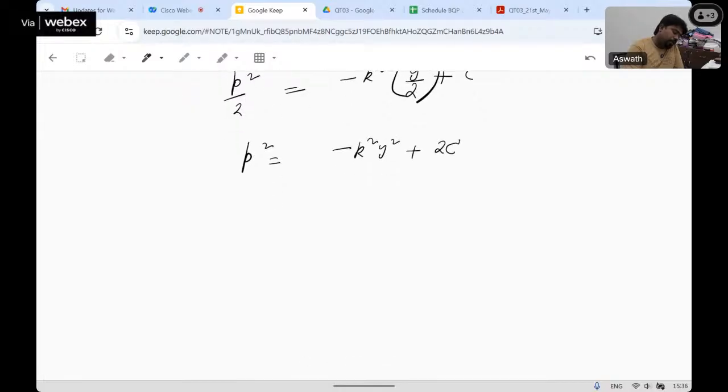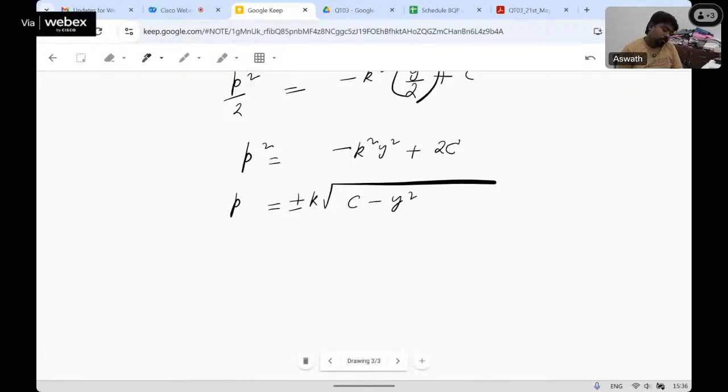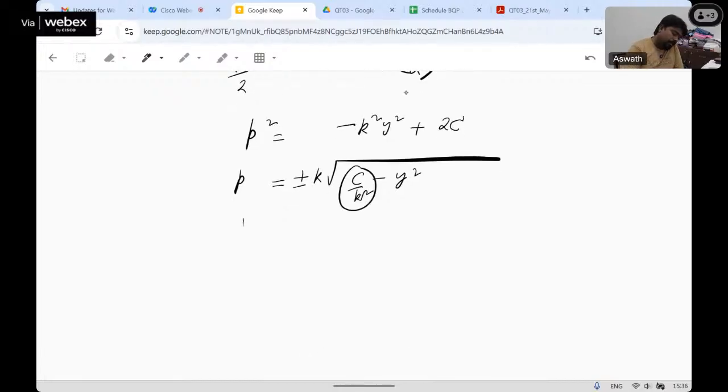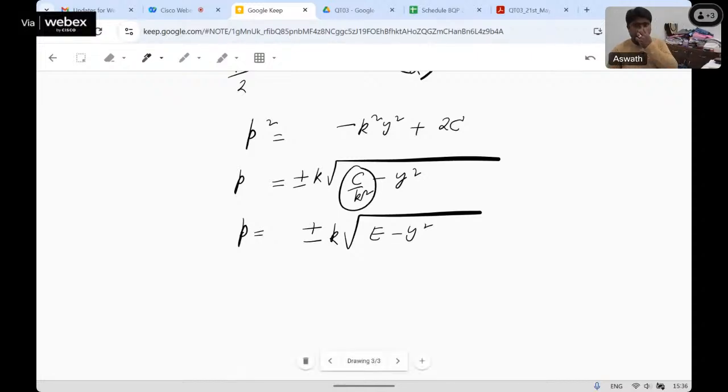When I take common plus or minus k, I get c minus y square. Since c by k square has been taken common, let me call this entire term e, so I have e minus y square.